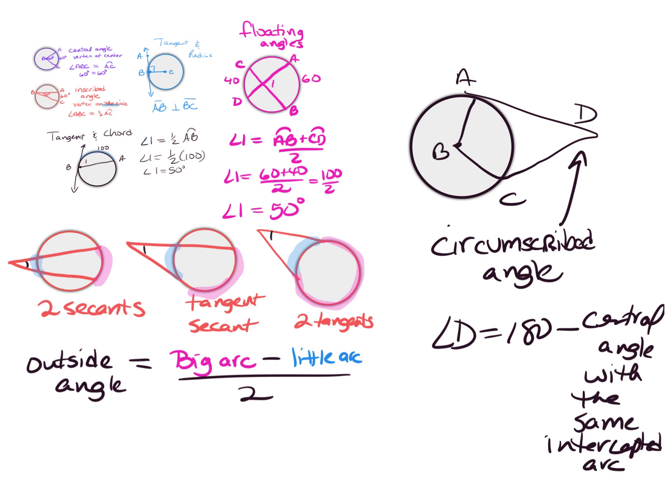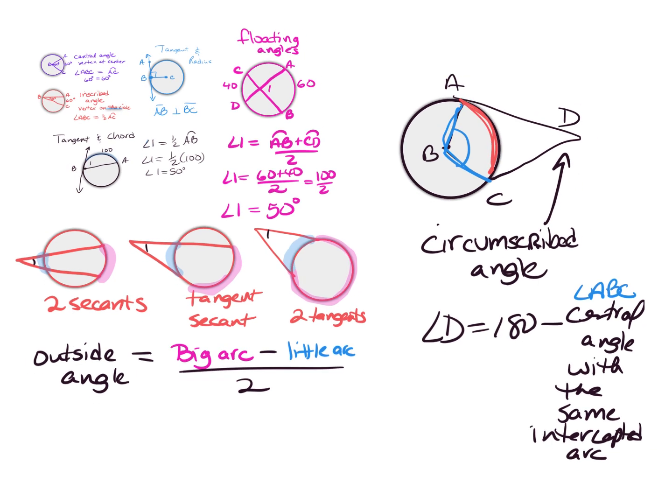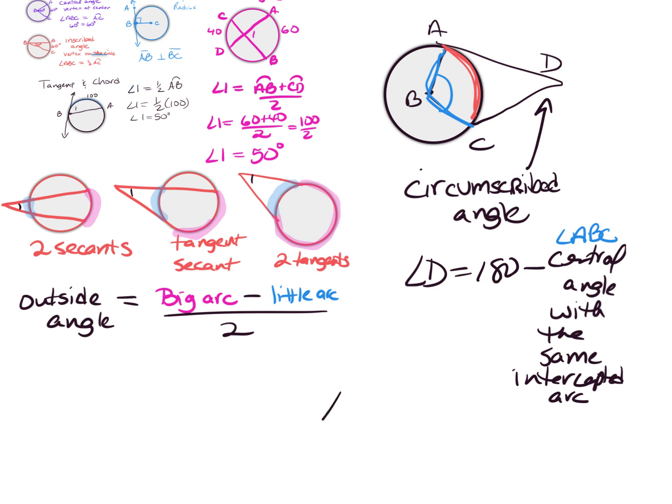And that central angle is going to be this angle ABC, because they both share this arc right here. So in other words, it'll be angle D equals 180 minus angle ABC.